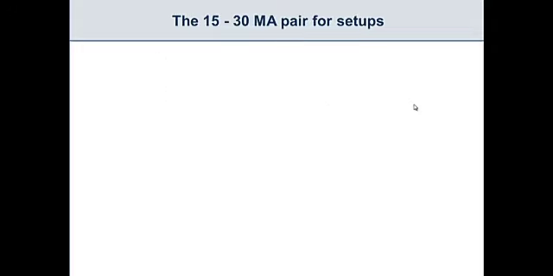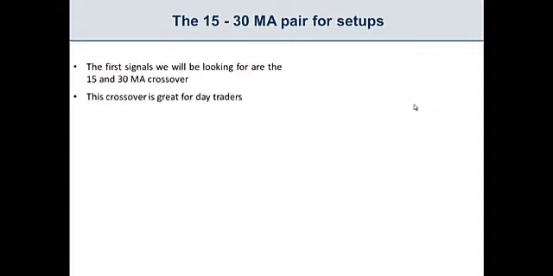Now the first setup we are going to be looking at is the 15 and 30 period moving average crossover. This crossover is great for day traders, because we are using faster moving averages that will react faster to price.